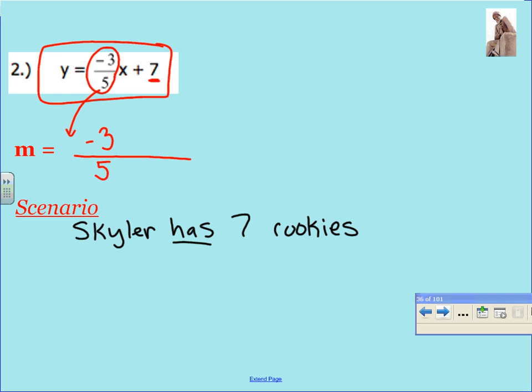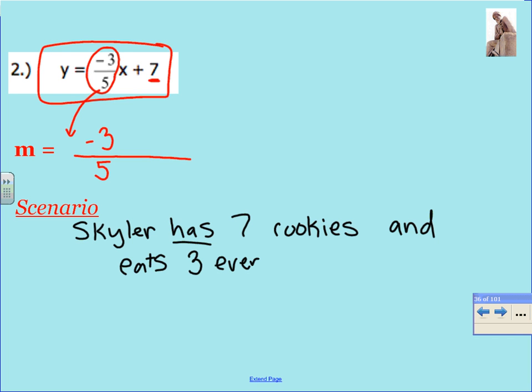Now, if we go to the slope, the rate of change, we do not have to put a 1 on the bottom of it this time because it is a reduced fraction. It's negative this time, so now our rate of change, she's going to be losing something, eating something, getting rid of something, something along those lines where it means that it's negative. So if she has 7 cookies, I'm going to say she eats 3 every 5 days.